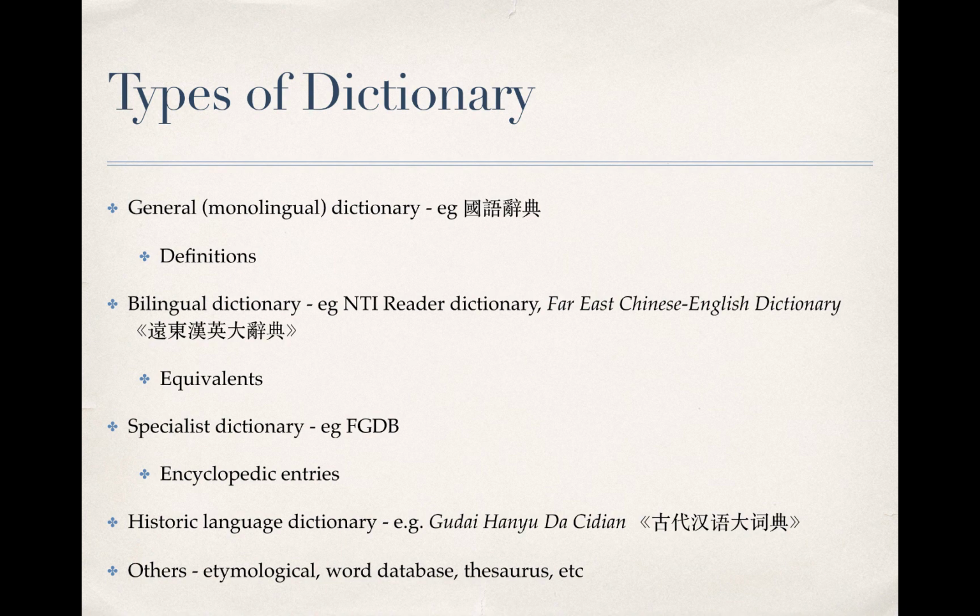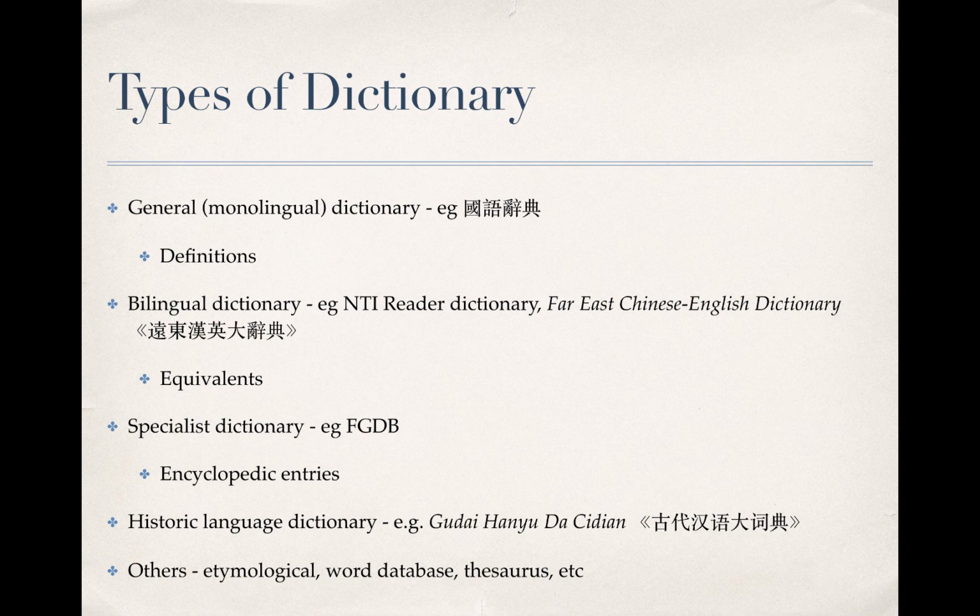Specialist dictionaries. Buddhist dictionaries are a kind of specialist dictionary, and their defining characteristic is these encyclopedic entries, explaining what the various concepts in Buddhism mean and giving some historic background, and often including a lot of people and places as well.